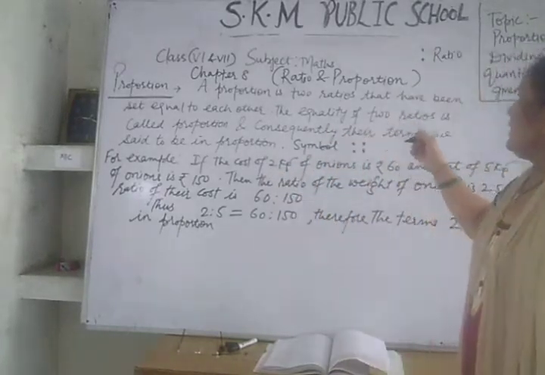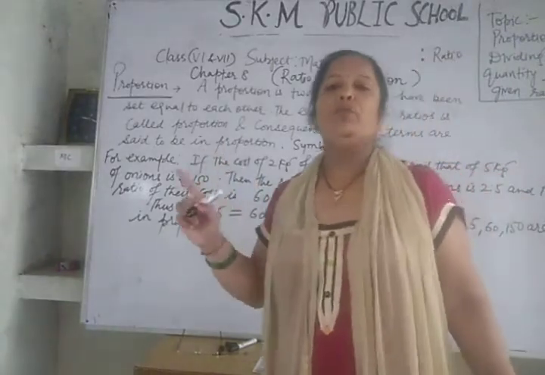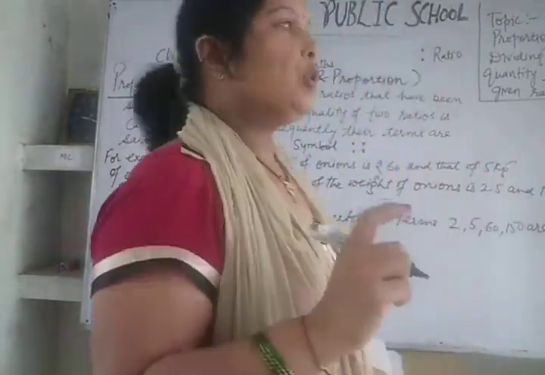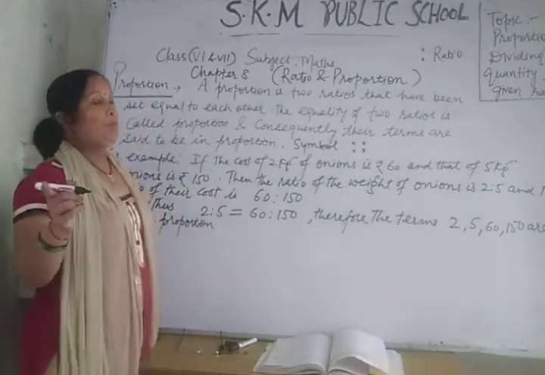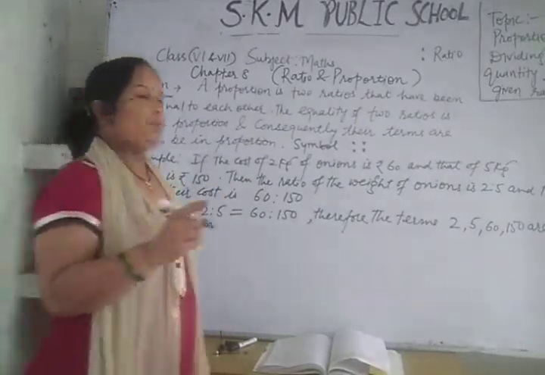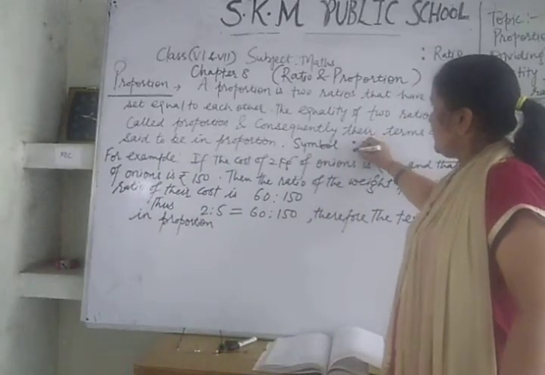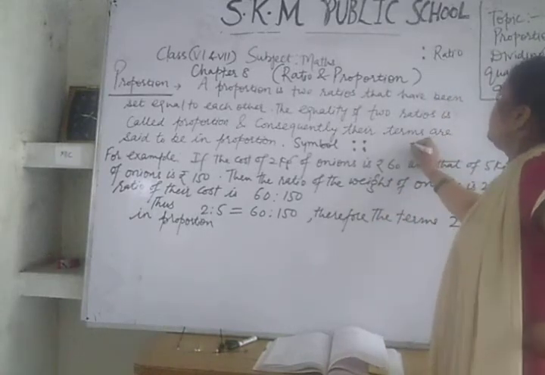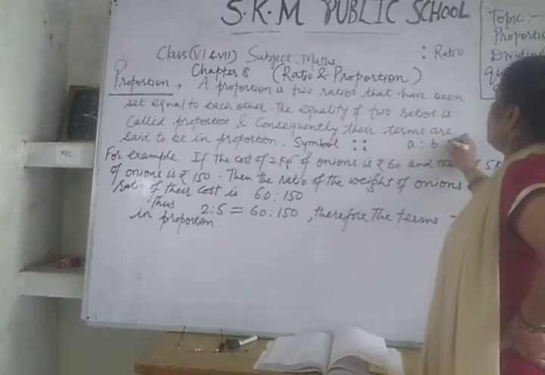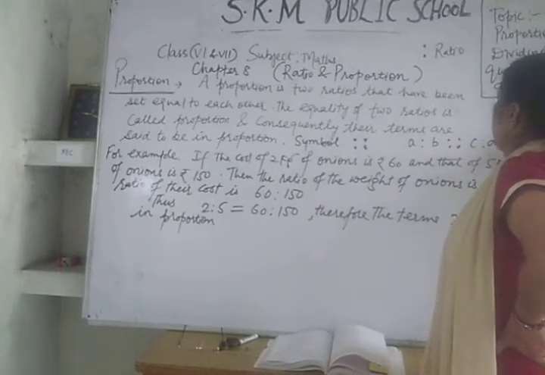Suppose A ratio B is in proportion to C ratio D.